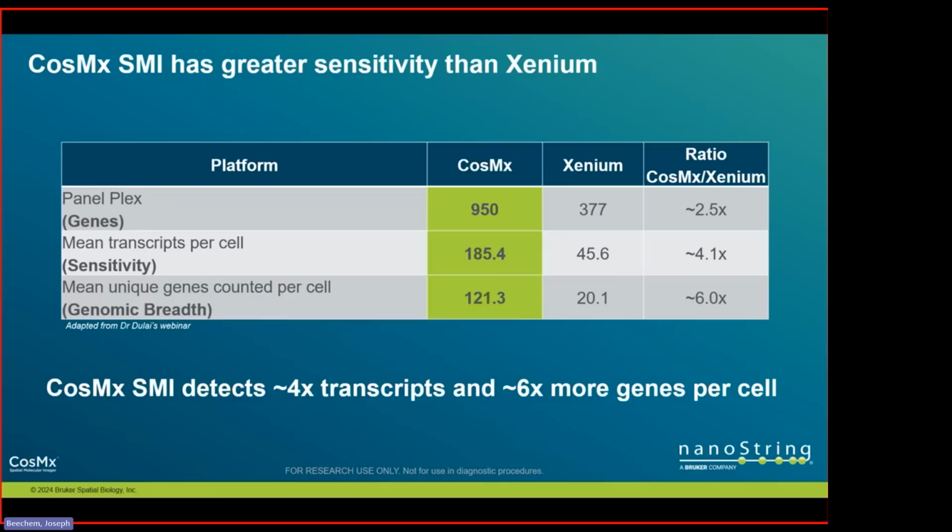So what did you observe? They observed that CosMx had about 2.5 times the sensitivity in terms of net transcripts observed, 4 times the gene diversity, the genomic breadth of the samples. And again, these are averaged over 16 samples, 11 different patients.